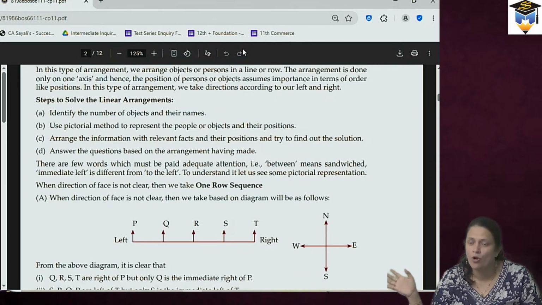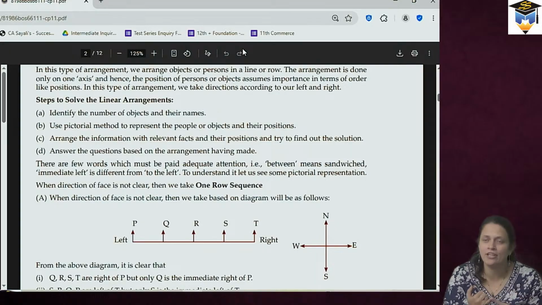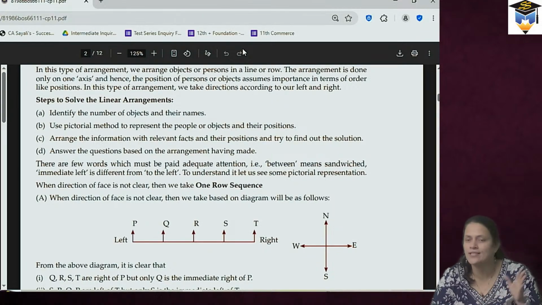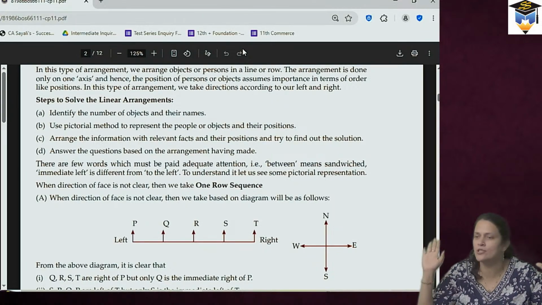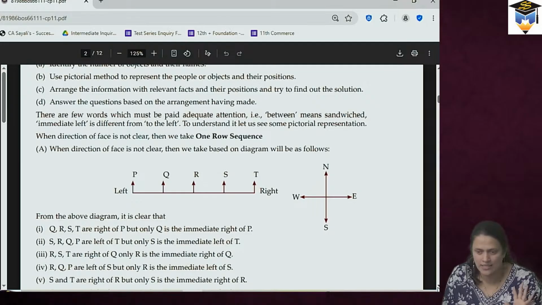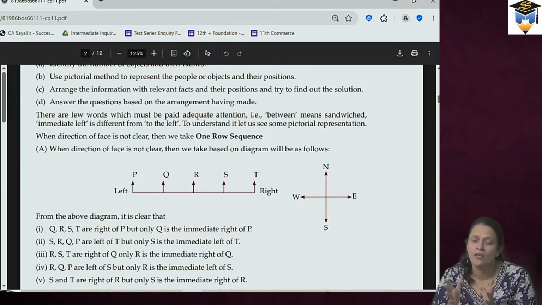Now always, when I am facing towards you, and the direction of the face is not given, they have not given which direction I am facing, then always this is going to be my left, this is going to be my right. As we come across problems, I'll explain at that time. I think that is better instead of confusing right away. Now here the direction of the face is not clear, so always left is here, right is here.